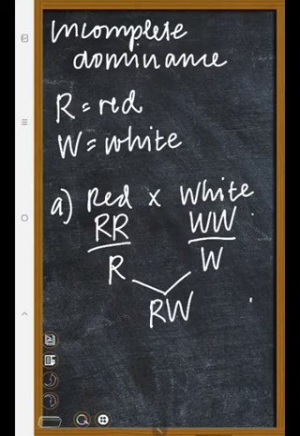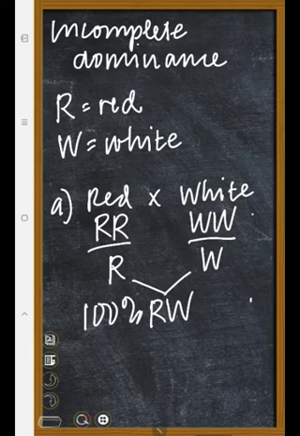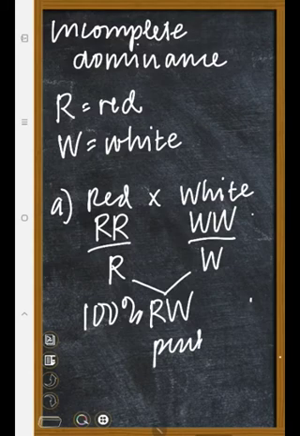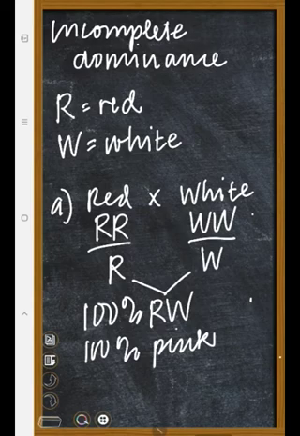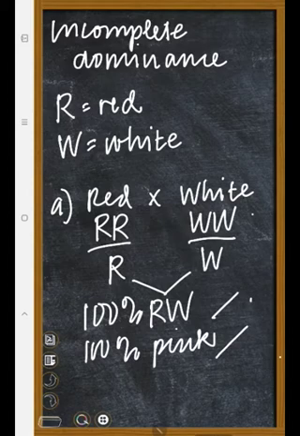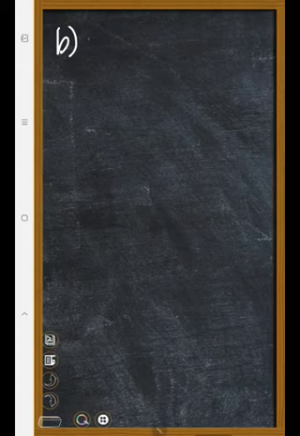So all of the offspring will be heterozygous RW. And of course, RW is a different phenotype. It's neither red nor white. It's now pink, as we've talked about in our discussion of incomplete dominance. So this is the genotypic ratio and the phenotypic ratio of the cross between red and white flowered plants.